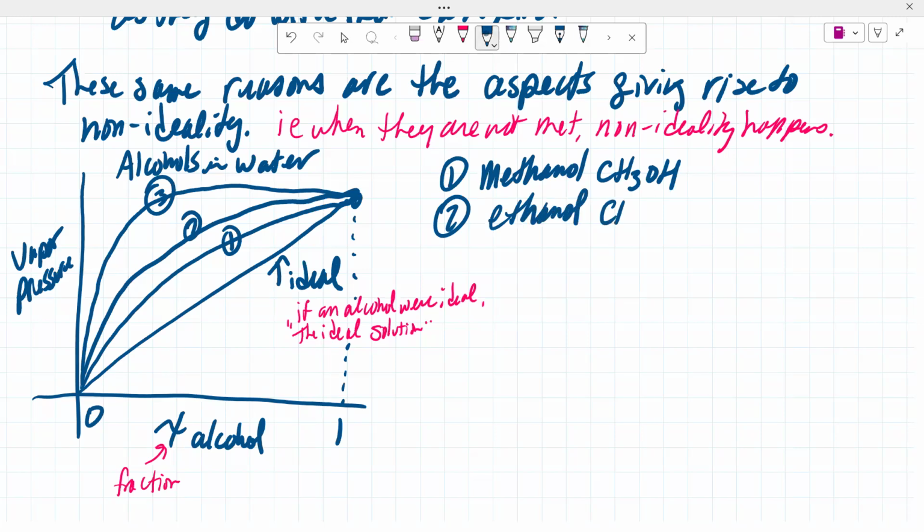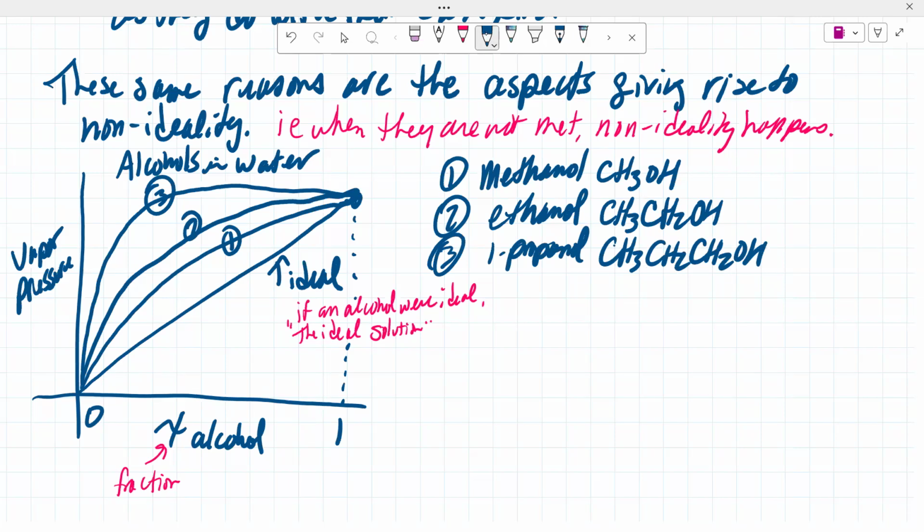2 is ethanol, CH3CH2OH, right? OH group on there. And so you can see what's happening here. We're growing the hydrocarbon chain on the alcohol. Then 3 will be 1-propanol, CH3CH2CH2OH. So as the chain gets longer, what's happening? It's getting less and less ideal because it's less and less like water. The OH part is not terrible next to water, right?